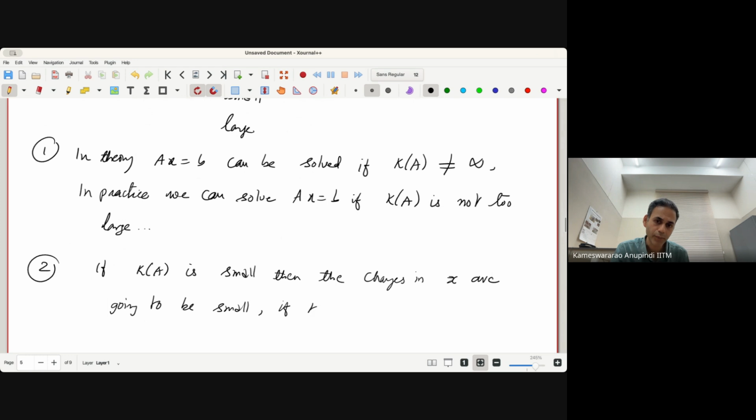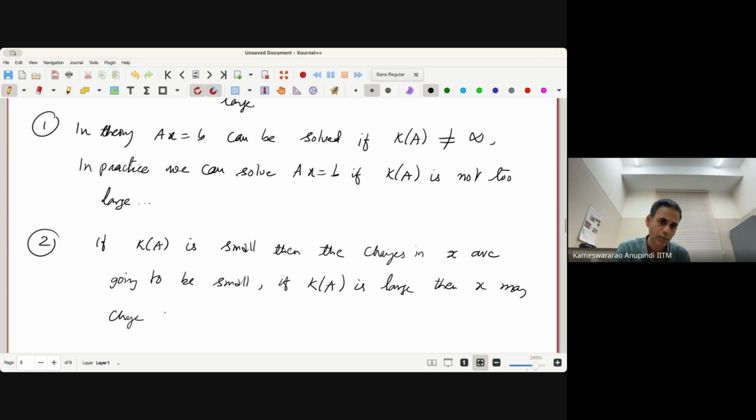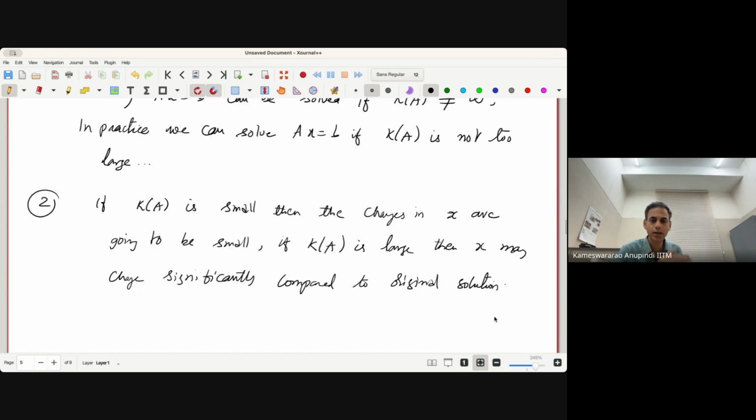If Ka is large, then X may change significantly compared to the original solution. Okay, so that is the idea.